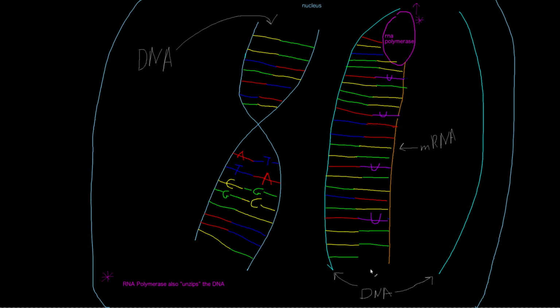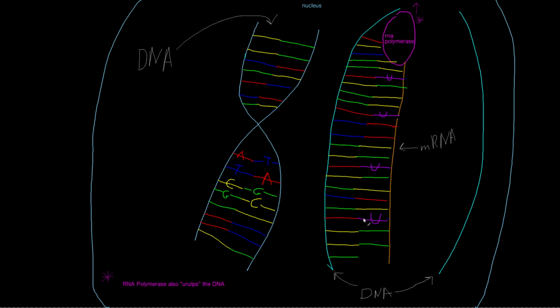The RNA polymerase will not only stop there, but it'll travel up the strand of DNA and begin to make mRNA, which can be thought of as a copy of the DNA, but with one important difference: instead of using a T, which is this dark blue, it uses a U, which stands for uracil, represented by this purple color.